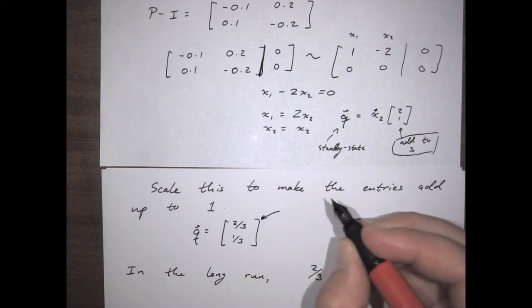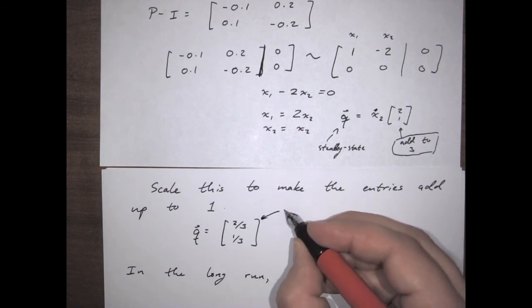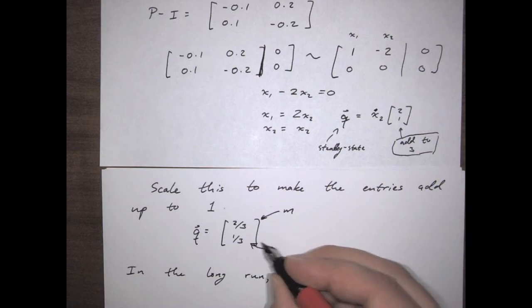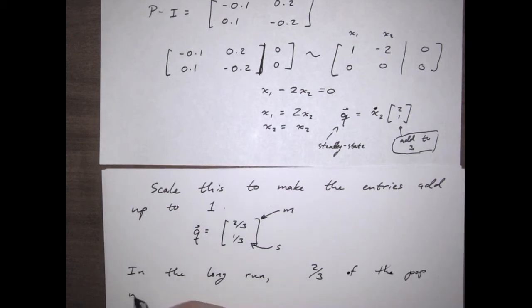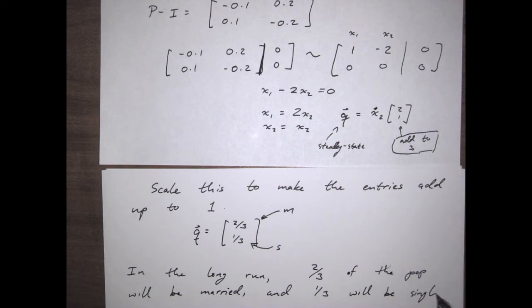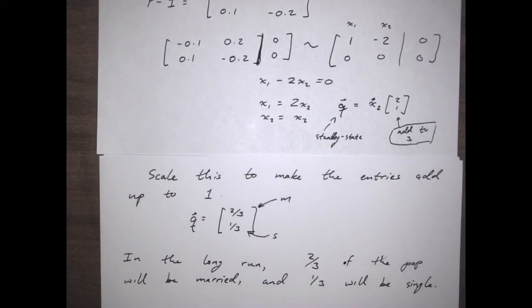So we had our matrix oriented so first was married, second was single.